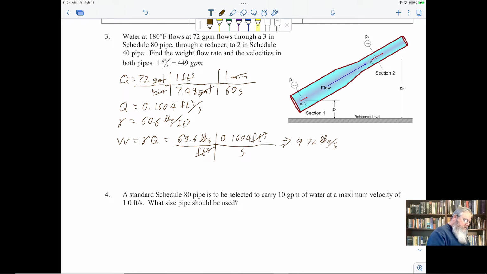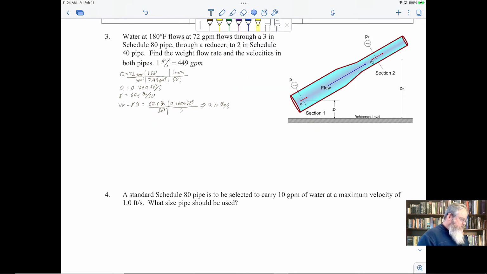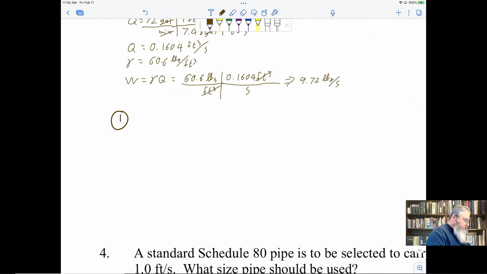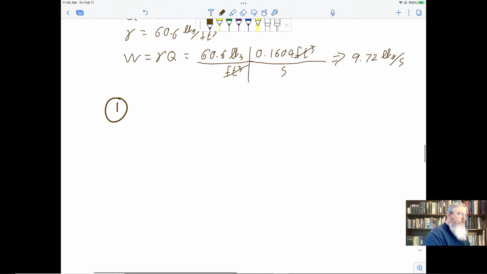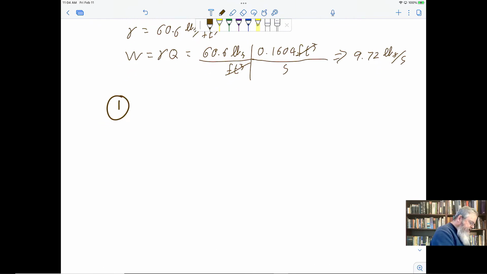Also, I didn't really leave myself all that much space. I'm going to shrink this down a little bit, give myself some room, and push on with this calculation. So at section 1, maybe I'll zoom in a bit here. At section 1, this is a 3-inch Schedule 80 pipe. You might write it that way as a short form.